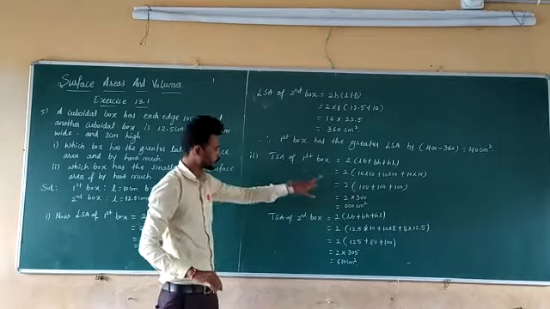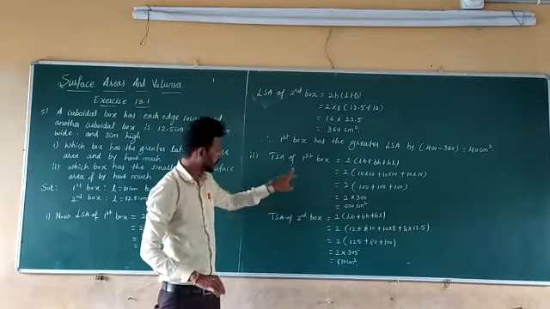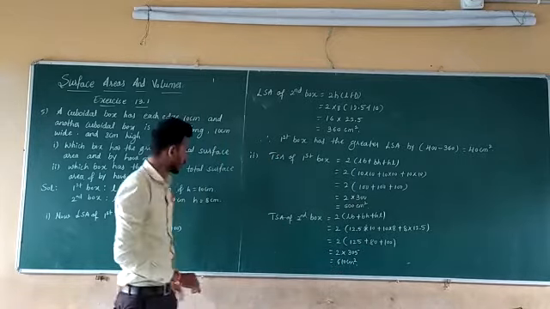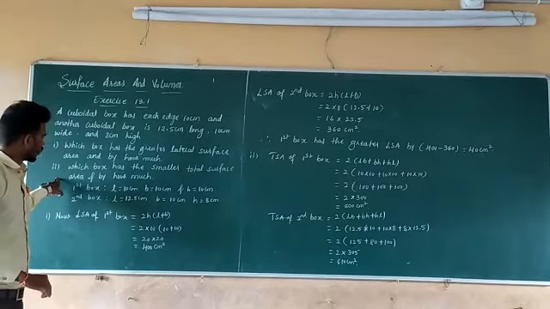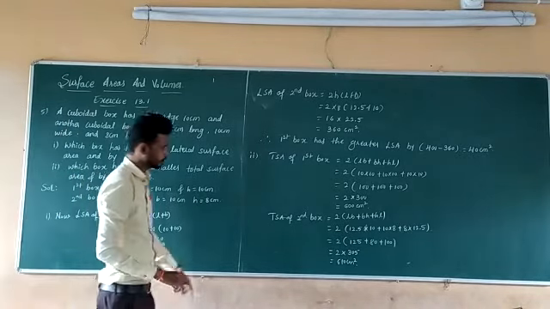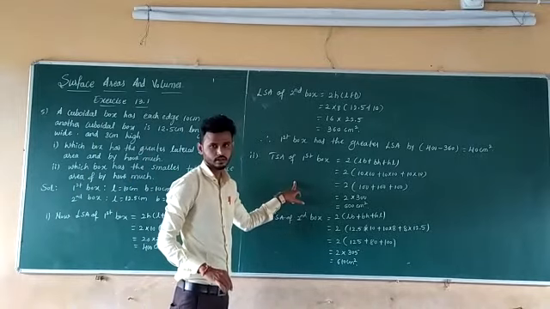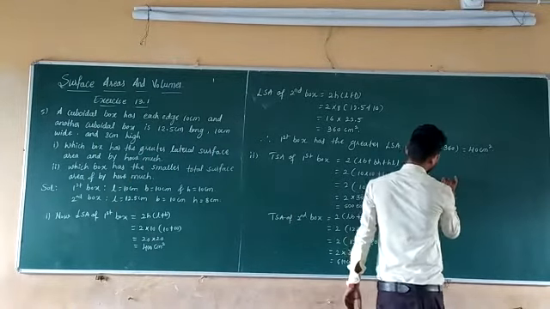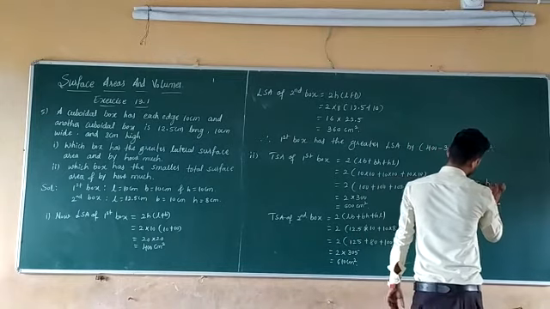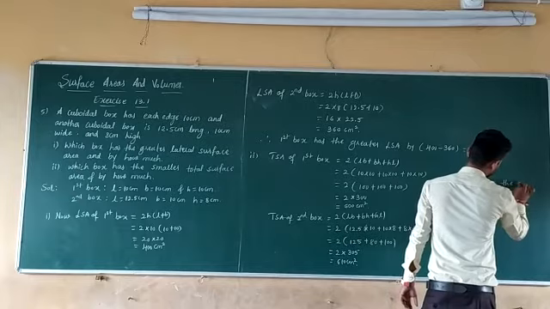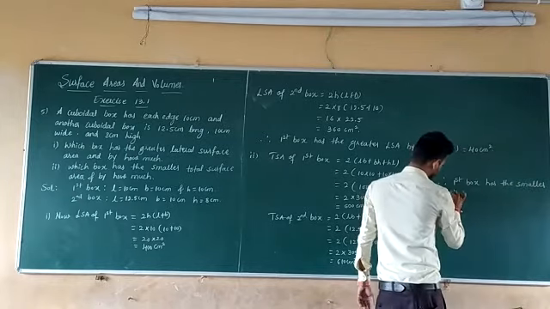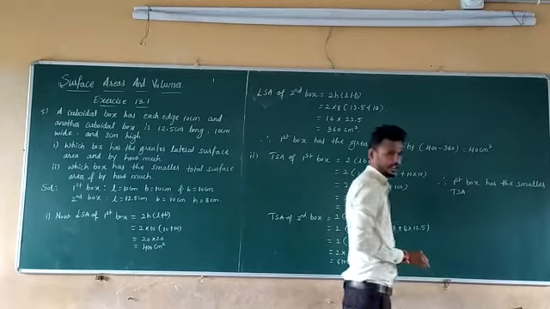So TSA of first box is 600 centimeter square and TSA of second box is 610 centimeter square. So now what does the second question ask? Which box has the smaller total surface area? So which one? First box. Therefore, first box has the smaller total surface area, TSA.